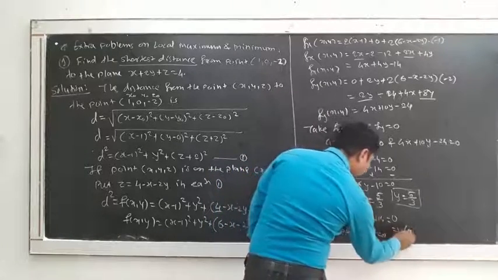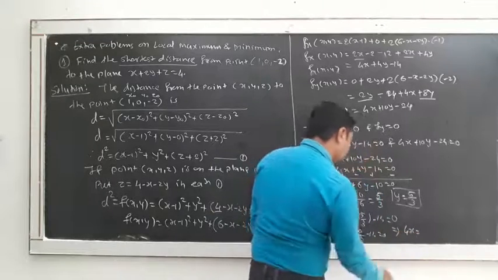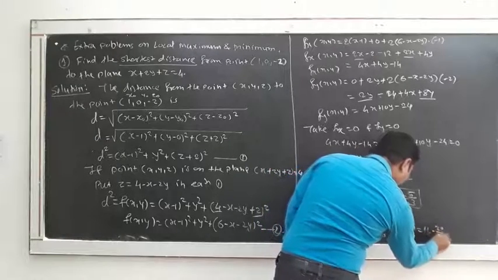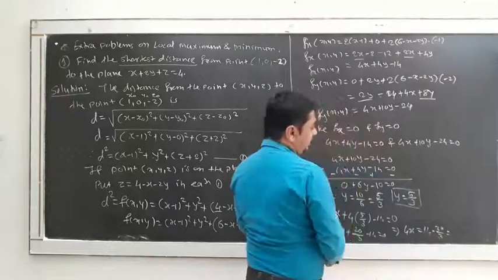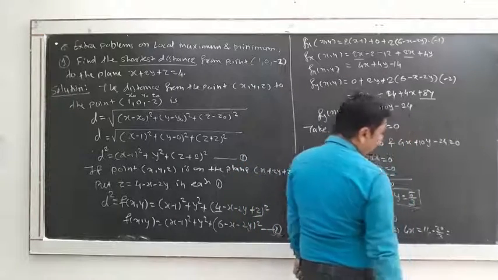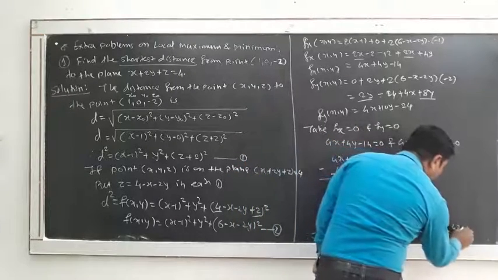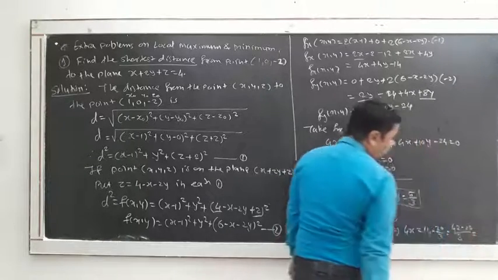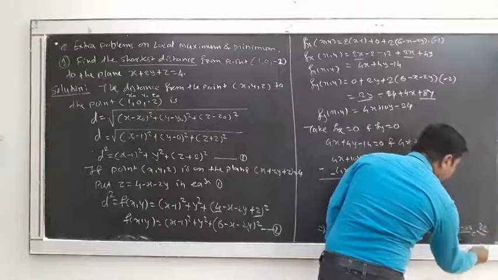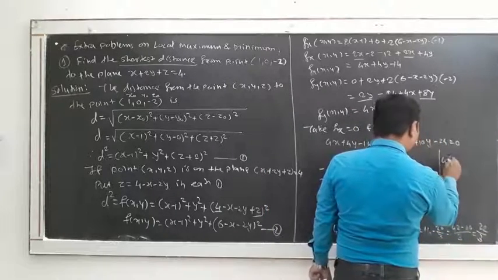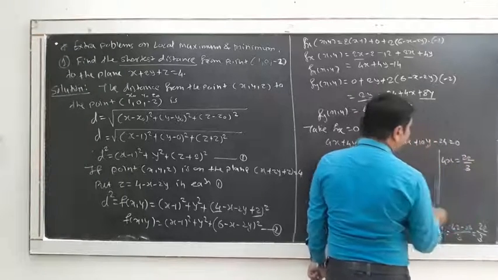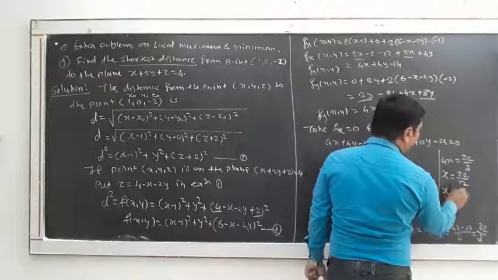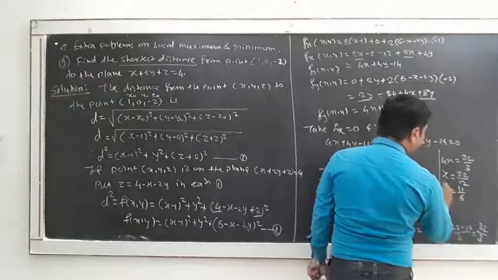So do the calculation. 4x is equal to 14 minus 20 by 3, and it should be 14 3s are 42, 42 minus 20 upon 3, which is 22 by 3. So 4x is equal to 22 by 3. Therefore x is equal to 22 by 12, so x is equal to 11 by 6 you can write.